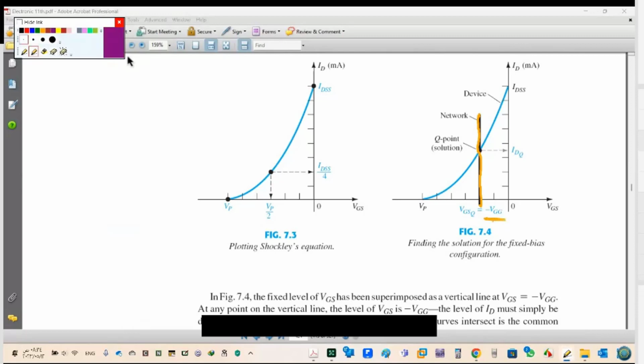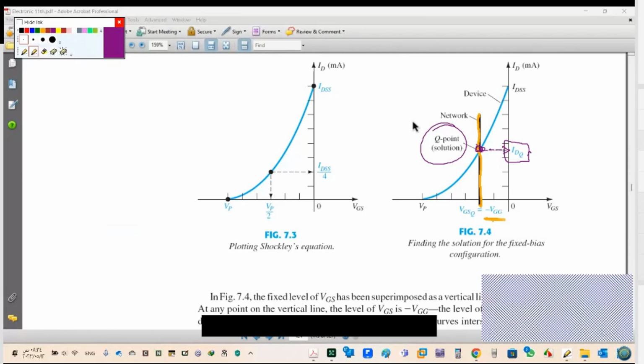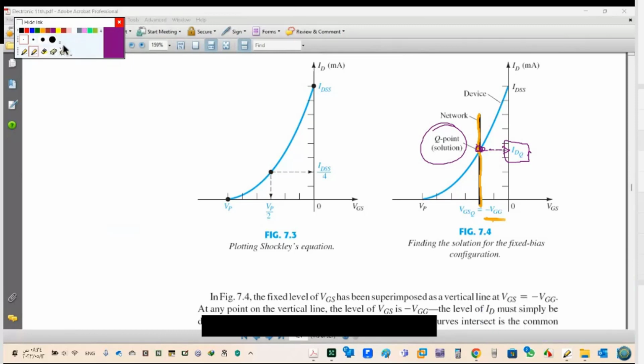Then this point is the Q point or working point. I will find ID. Is the idea of the steps clear? Is it clear how I find it?